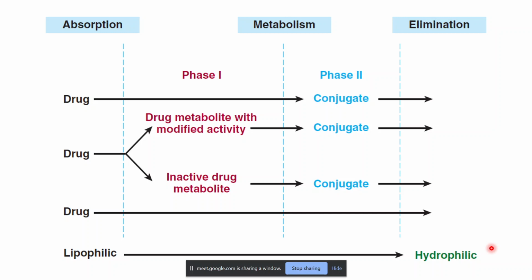And the main organ of drug metabolism is liver. The GI also can make some biotransformation, including also the lungs, skin, and kidneys, but most of the metabolism is in the liver.